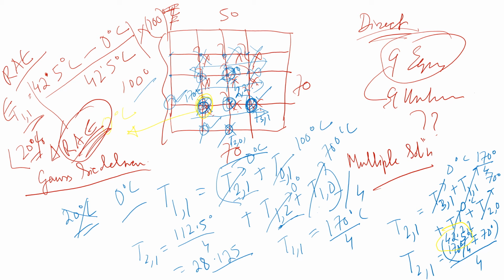So in the second iteration, you will again try to find the values of temperature at this node, this node, and so on, then the next nodes.